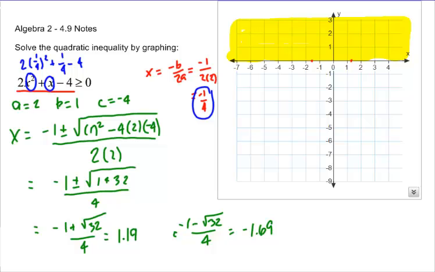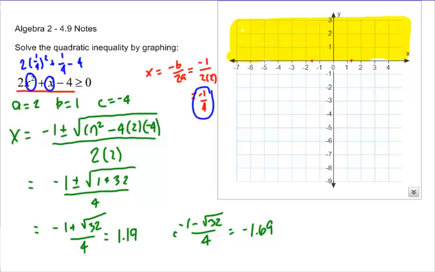And then we've got the 3 points on our calculator that we can use to graph. So when you do that, I got -3.6.